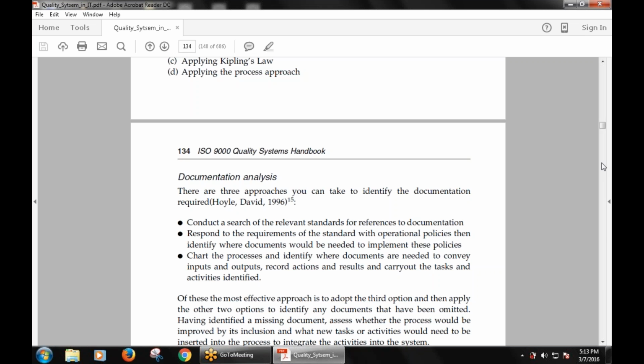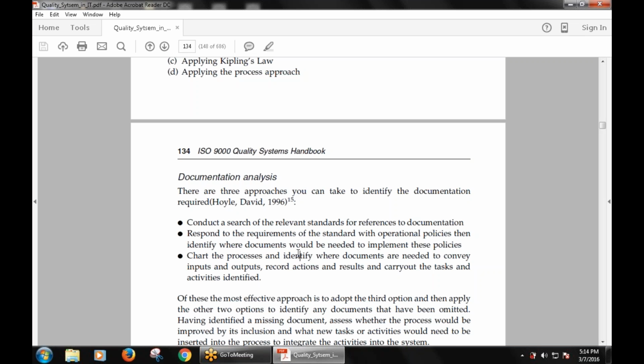So conduct a search of the relevant standard for the references to the documentation, then respond to the requirements of the standards with operational policies, then identify what documents would be needed to implement these policies.